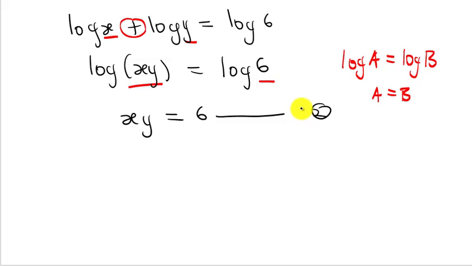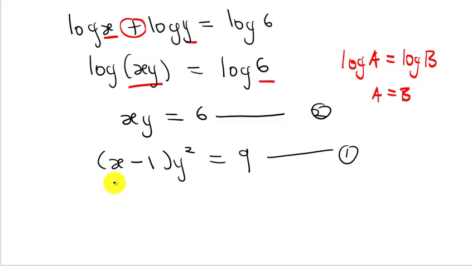Now the two equations, let's rewrite them again and see how we can solve for x and y. So we have the first equation to be (x - 1)y² being equal to 9. This was the first equation.